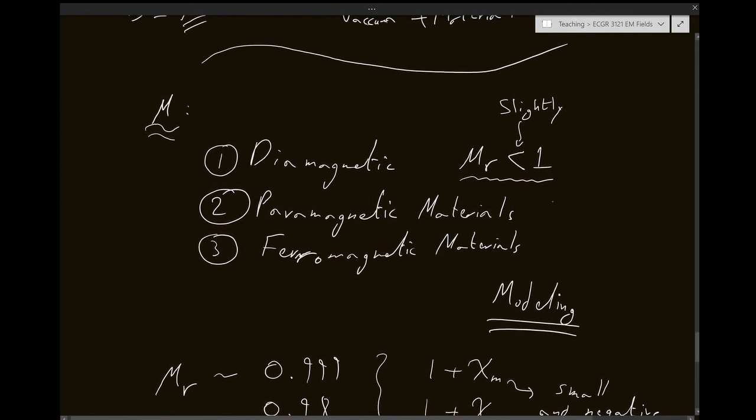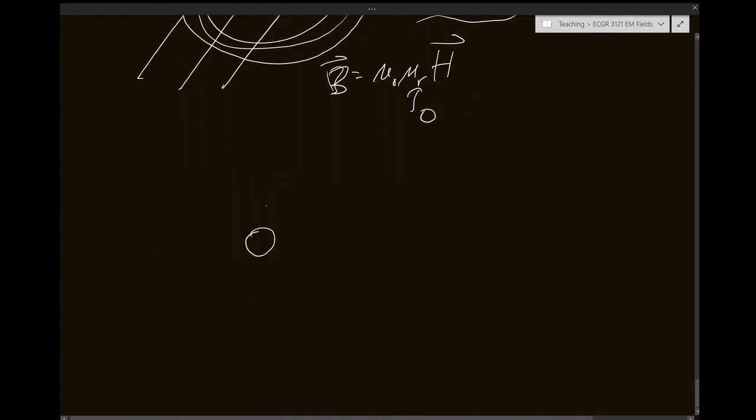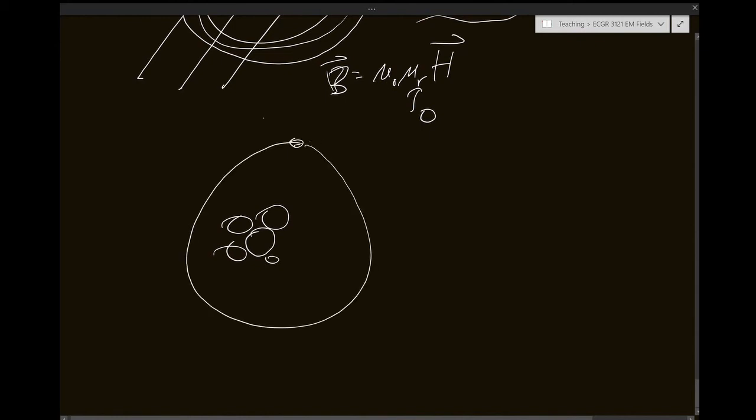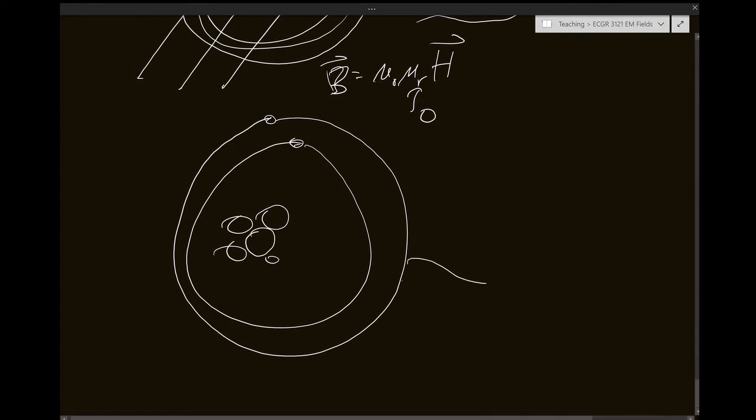Now, paramagnetic materials are more common and they have a mu r slightly larger than 1, right? So those are materials where this quantum mechanical effect of the interaction between the orbit of the electron and its spin exists, but is so weak and is so overpowered by a bigger effect where the atom itself acts as a magnet.